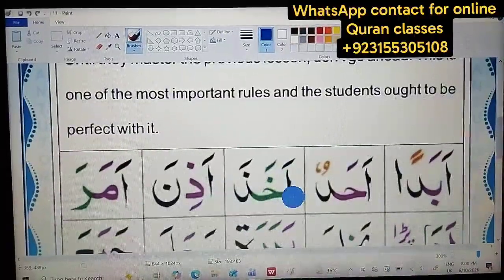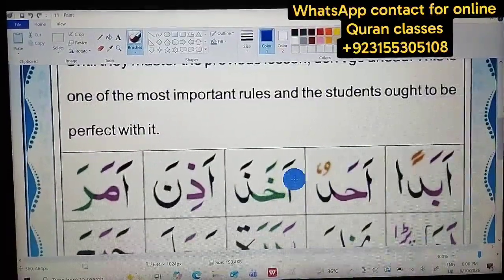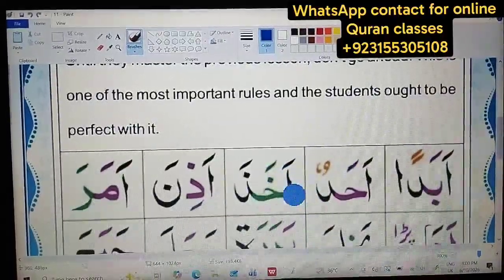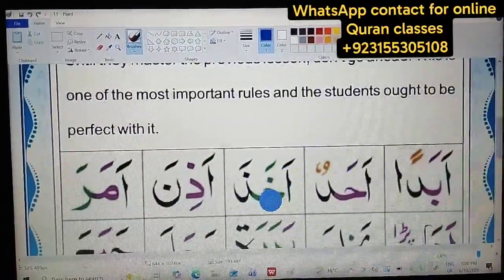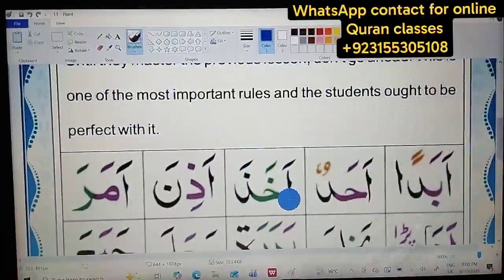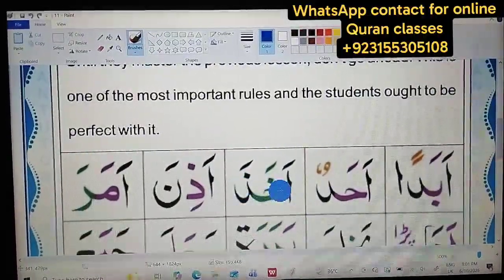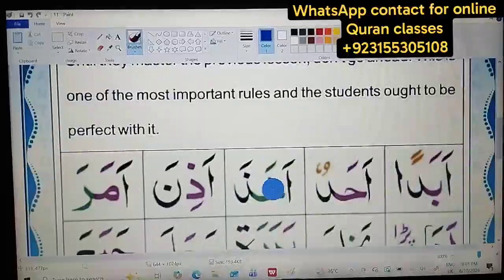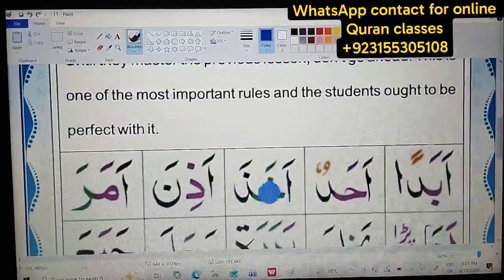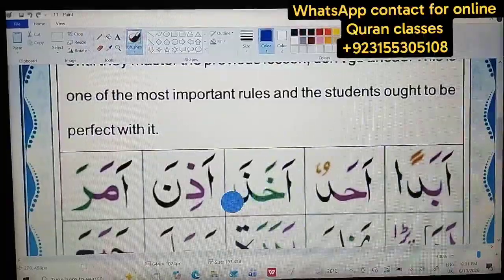The third one is hamza, fatha, a; kha, fatha, kha. Now we join these two: a, kha; dhal, fatha, dha: akhadha. Waqf, if you stop. Waqf means stop. If we stop on that word, we read it akhadh.